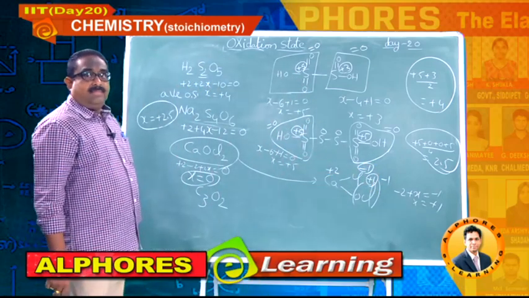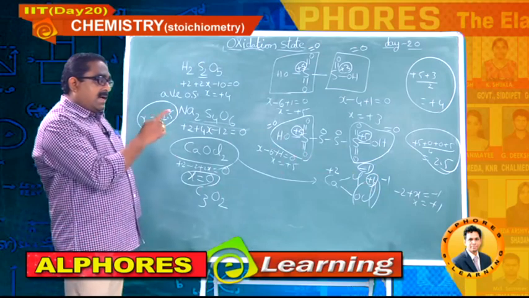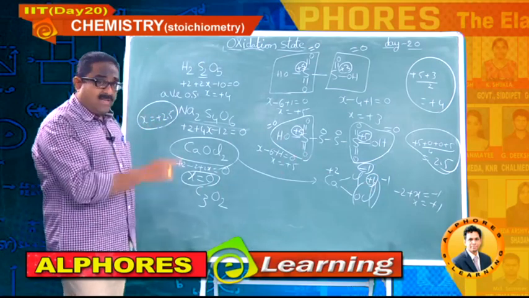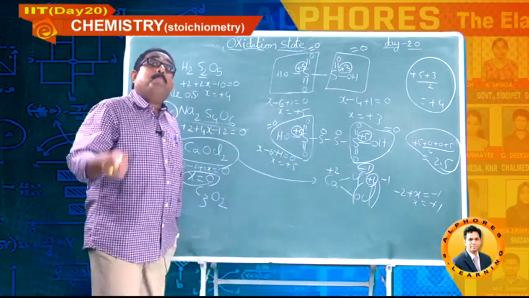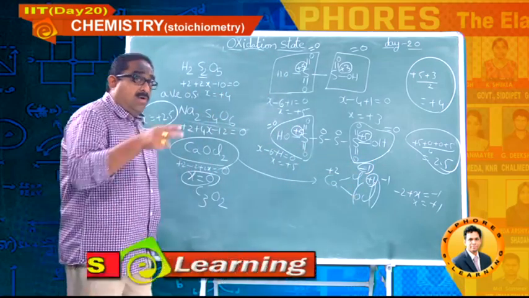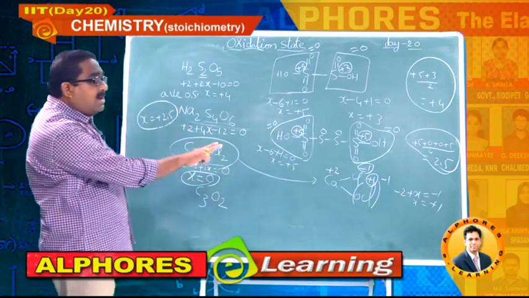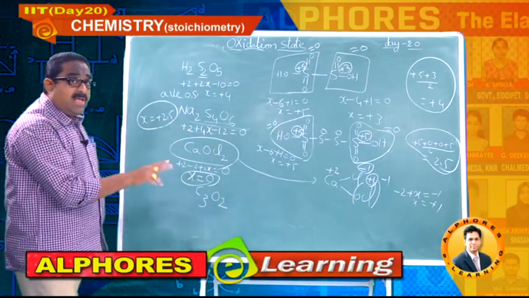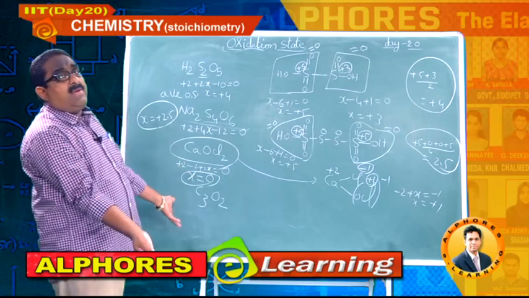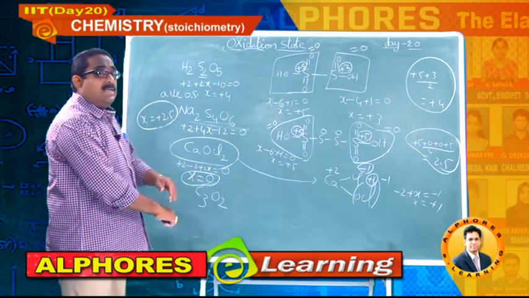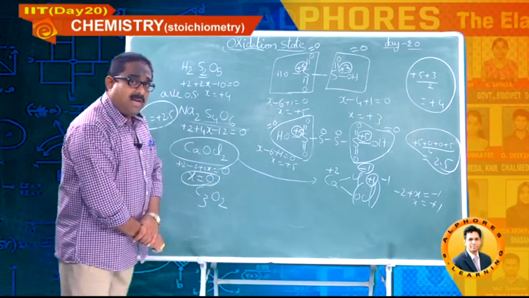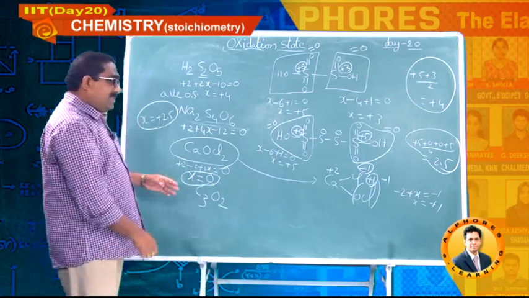Finally, one chlorine directly attached to calcium is minus 1, another chlorine present in OCl minus is having plus 1. One chlorine minus 1, another chlorine plus 1. If you do the average, minus 1 plus 1 divided by 2, you will get 0. That's why the average oxidation state, as per our normal rules of calculation of oxidation numbers, we got as 0.